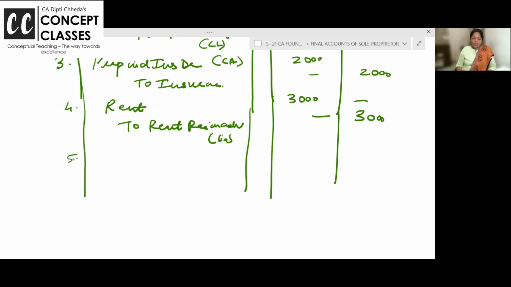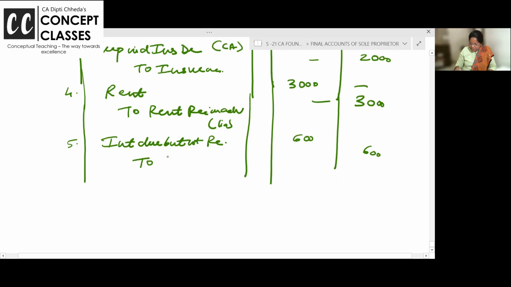Interest due but not received is accrued income. If you receive, bank debit. If not, interest due but not received. 600. Interest account.